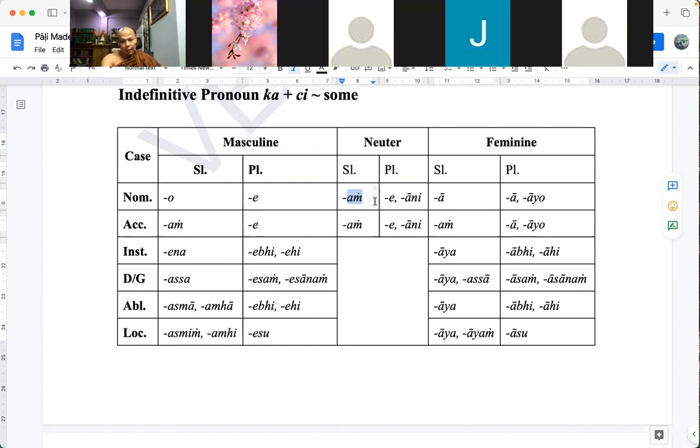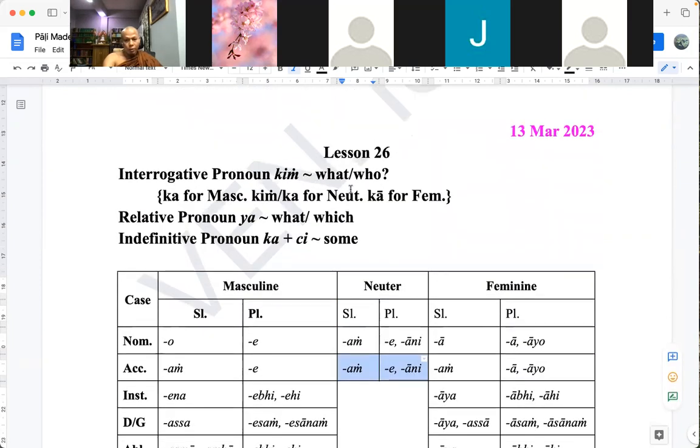So cam, ke, and ki, kani. Te, tani, dan, te, tani, and dan, te, tani. But for the came form also, that is why for neuter there are two stems, came as well as can.